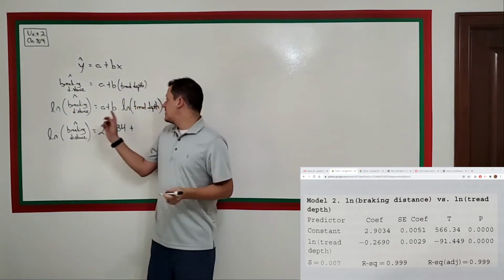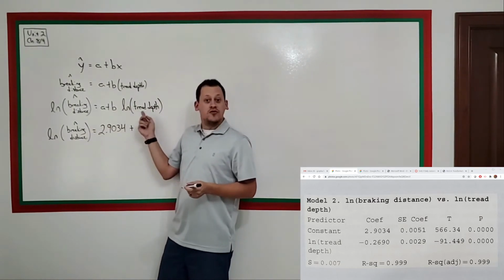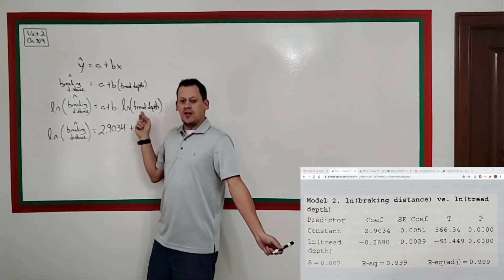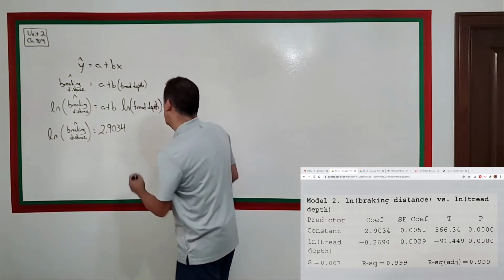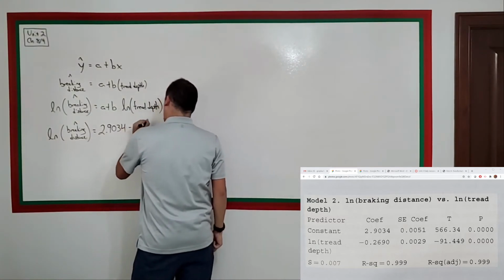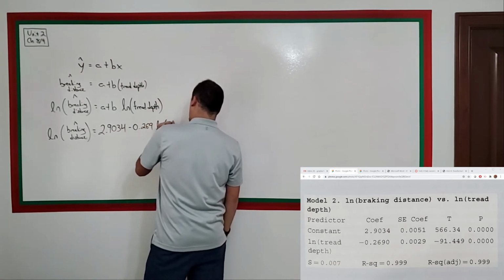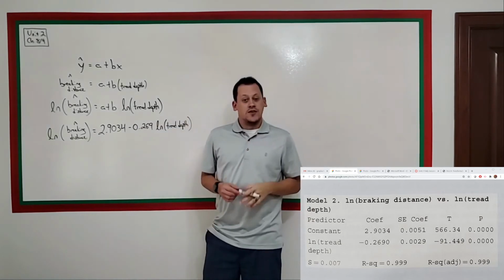Plus b is the slope. That's going to be the coefficient in front of tread depth, or the natural log of tread depth in this case, which is going to be that negative 0.269. So this is actually minus. Okay, so that's the model we're working with.